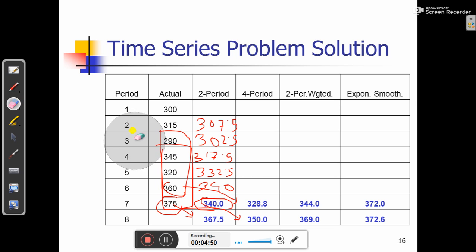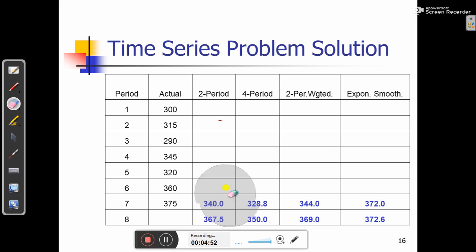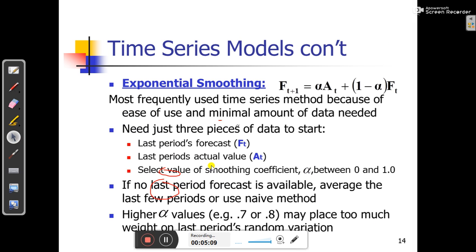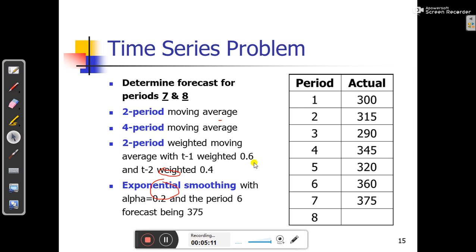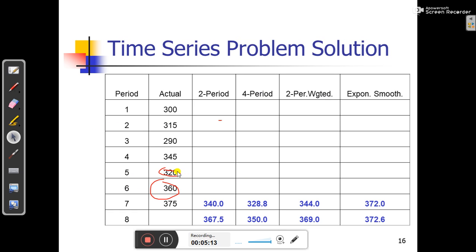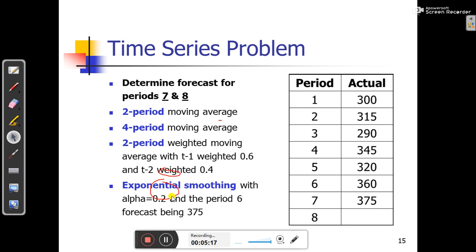And in case of 2 period weighted average, you have to multiply this with 0.6 and this with 0.4, as it says in the previous slide, that is 0.6 and 0.4. So you multiply with 0.6 and 0.4, add them, then divide by 2.